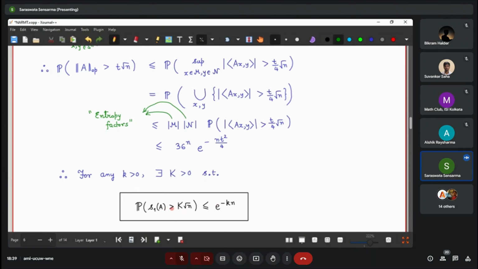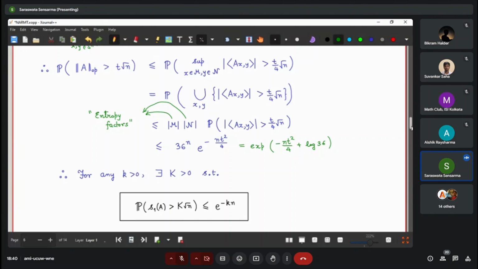We just have to take t large enough. So this is just exponential of minus n squared over 4 plus log 36. If we take t large enough, we get this result, and then replace t by k. So that is the proof of the first one.